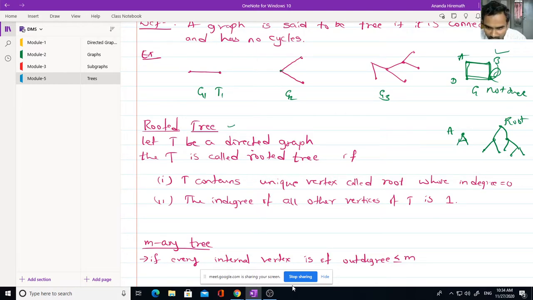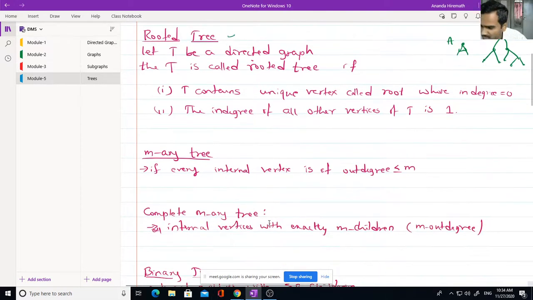Then m-ary tree. If every internal vertex has out degree less than or equal to m, then we say such a graph or tree is an m-ary tree.